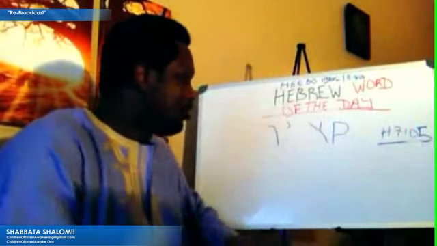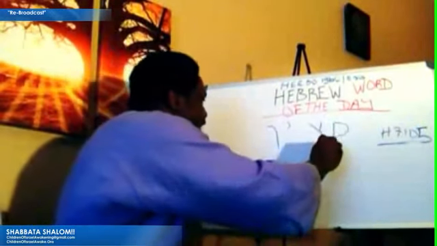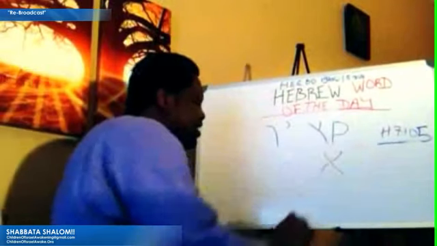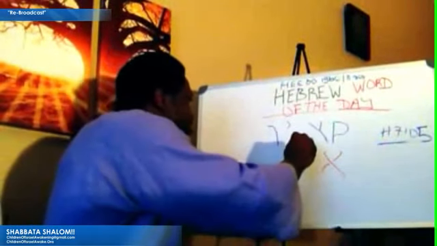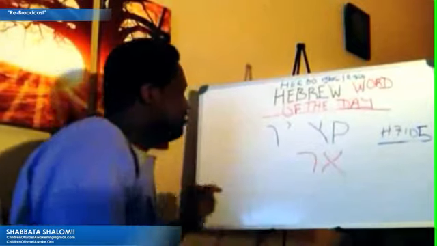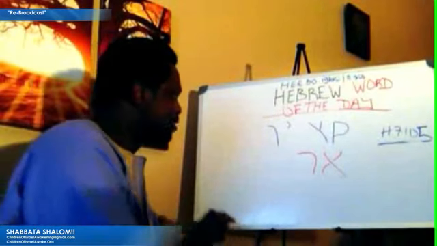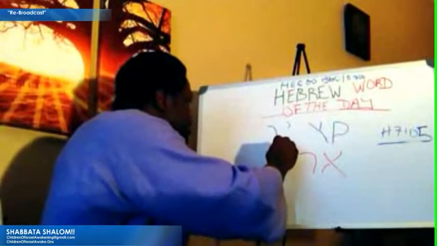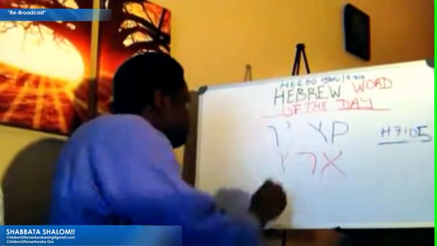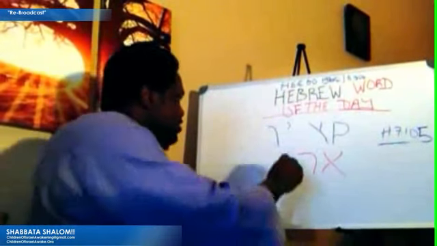For example, the word erezi, this is the aleph in Hebrew, and then you have the roishi. It gives you the R, if you will, and then you have the ezi, erezi.